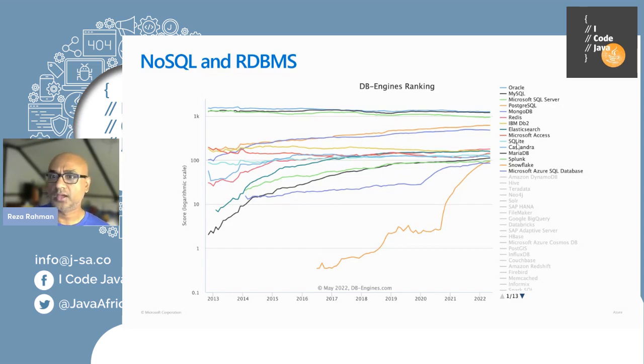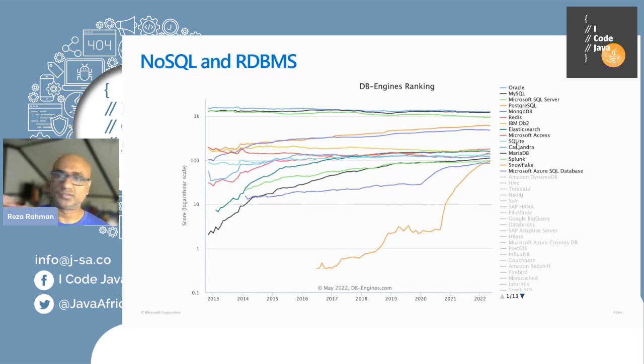Then you have things like MongoDB, way farther below the line, and all the rest of the NoSQL databases don't even make the 1.1 mark. They're far below the graph here.